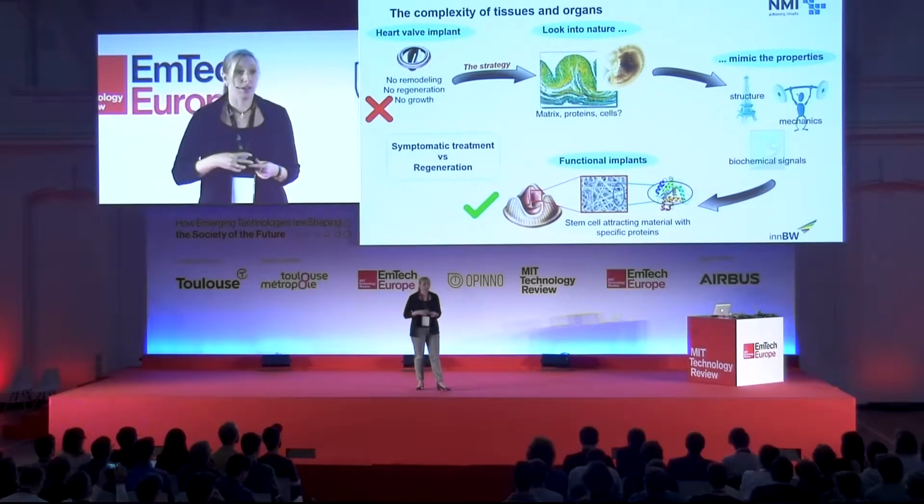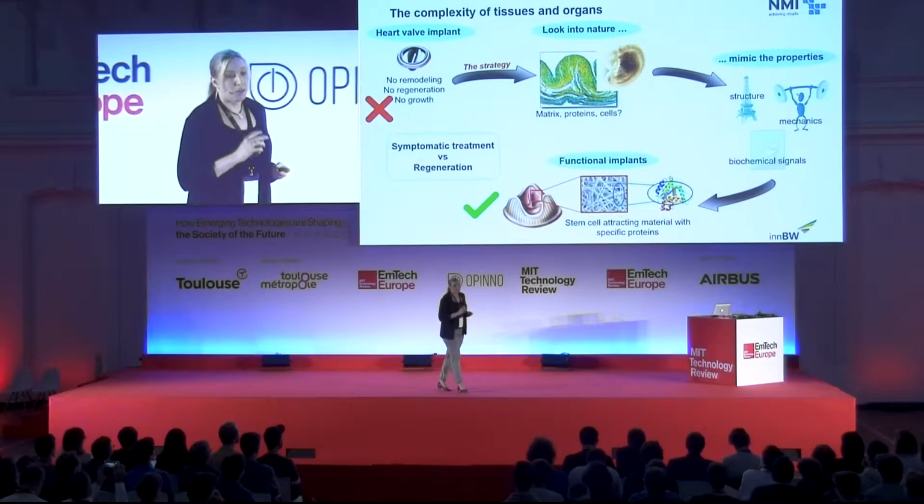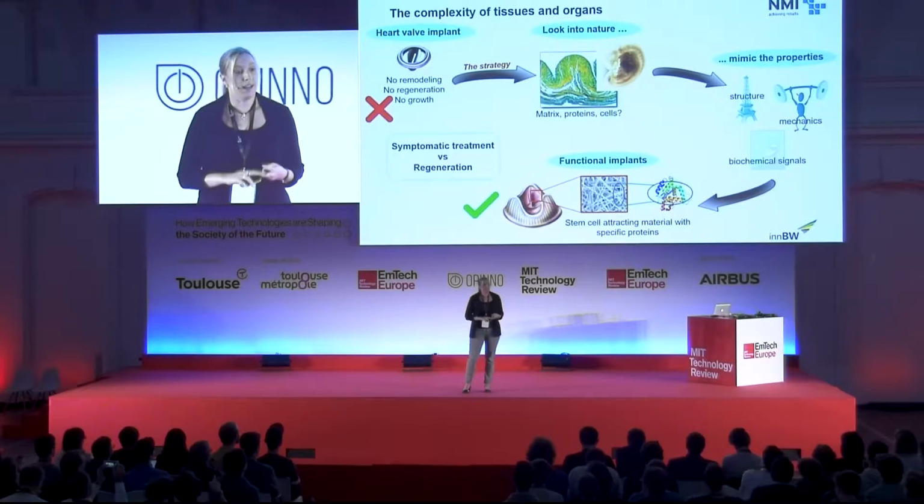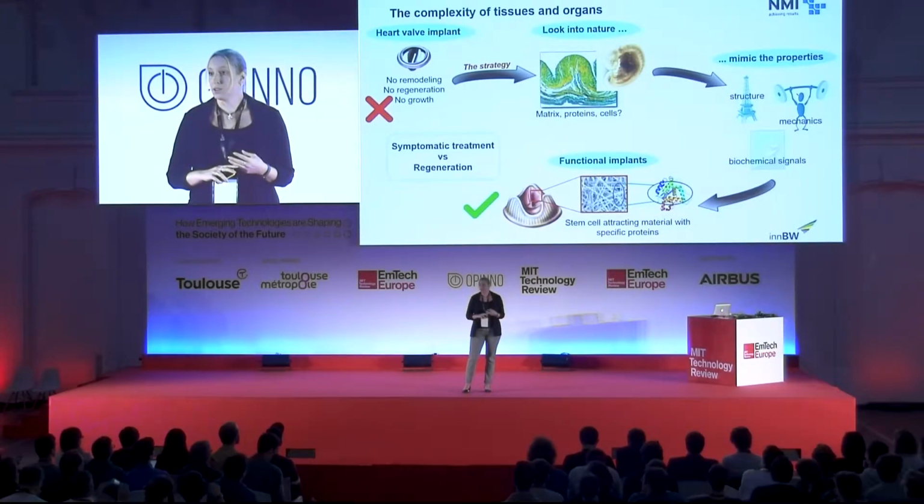We want to look into the matrix, the ECM, the proteins which are in the ECM, but also into the cells. So what do the cells need, and how do they develop in an embryo towards an adult human being? And then we try to get all these properties and mimic them in a material.